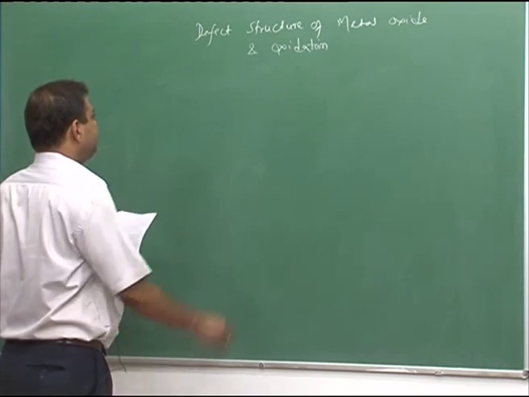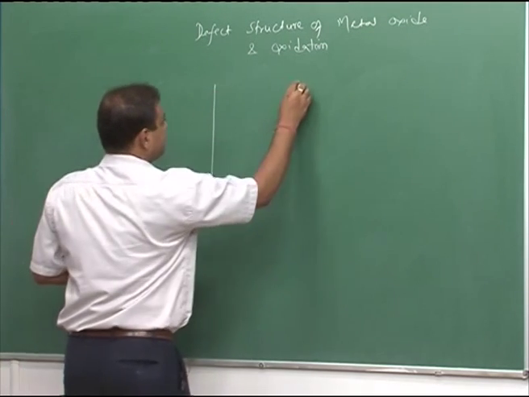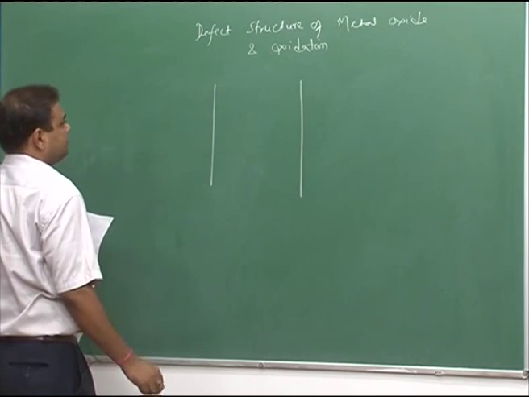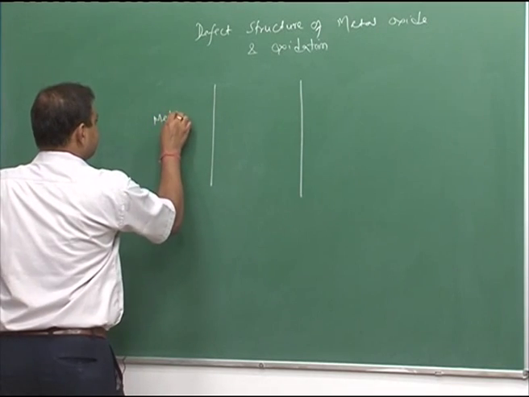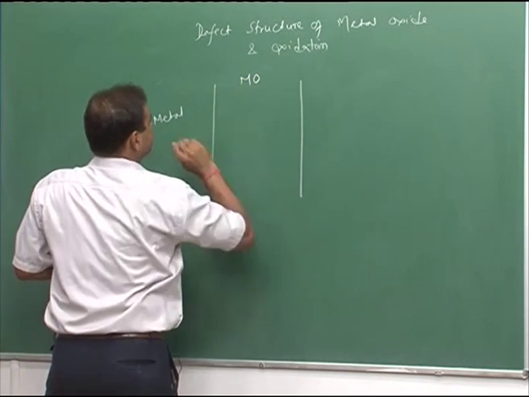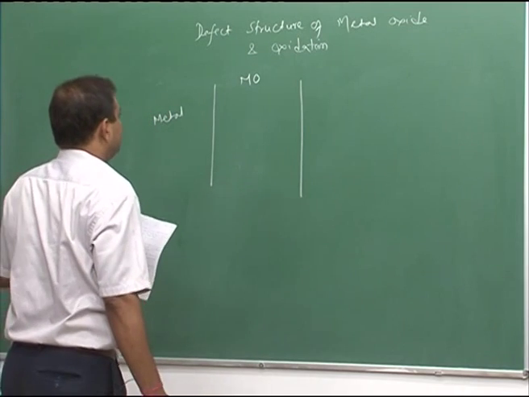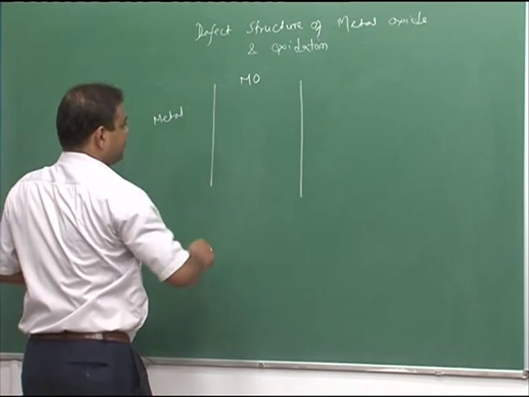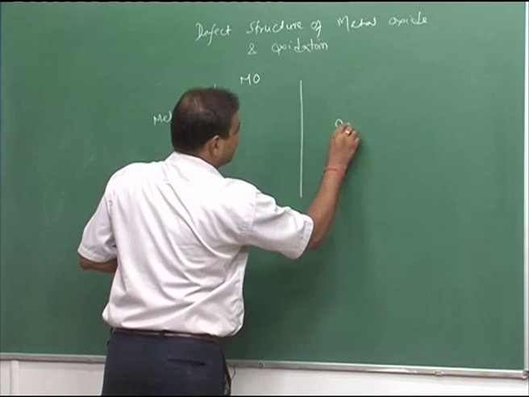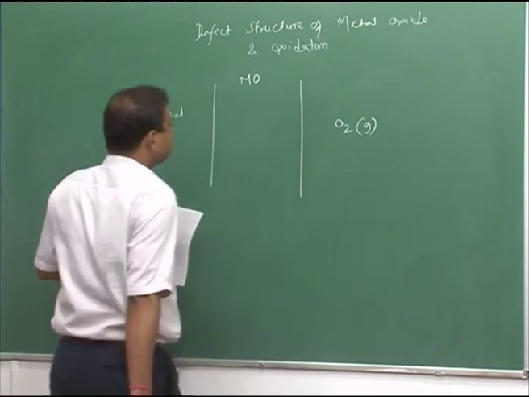Now, whenever we see a metal is getting oxidized, so this is metal side, this is let us say MO, where the stoichiometry is 1:1, and then you have oxygen environment.